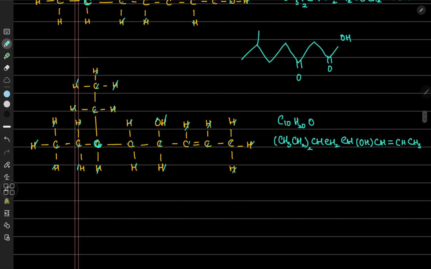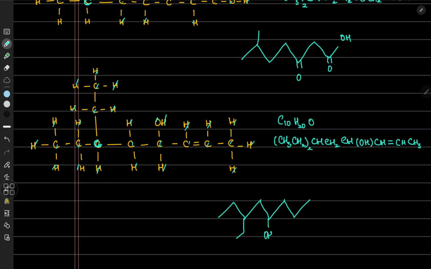Having said that, let's move on to the skeletal formula. So 1, 2, 3, 4, 5, 6, 7, 8 carbons in the main chain. On the third carbon there is a CH3, so a CH3 and a CH2 group like this. On the fifth carbon there is an OH group. So 1, 2, 3, 4, 5.